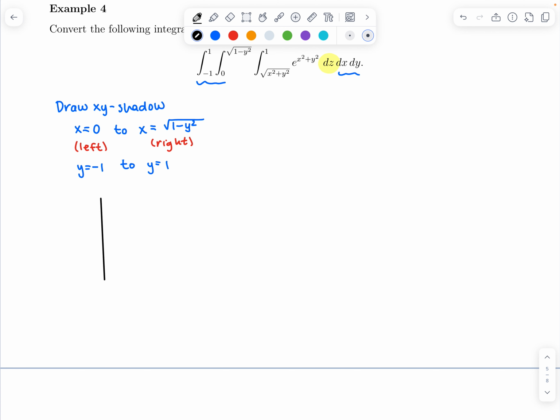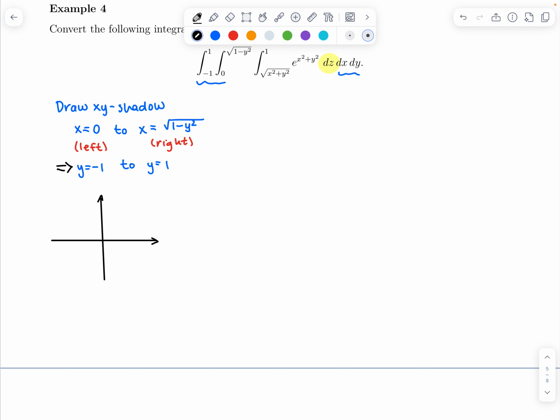What I'm going to do to draw this region is first add to my drawing the restriction on my y values. That'll help me make sure that I am focused on the correct region. If I were to draw my curves for my x equations first, I might see more of it than I need to.